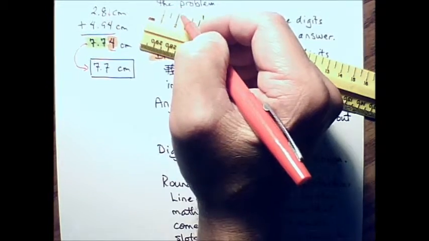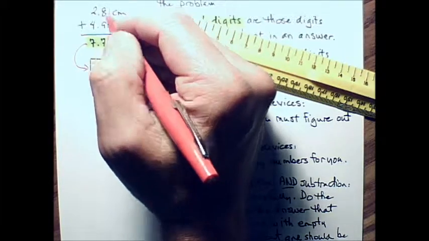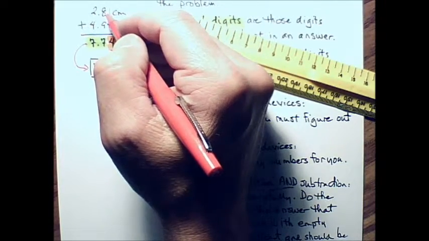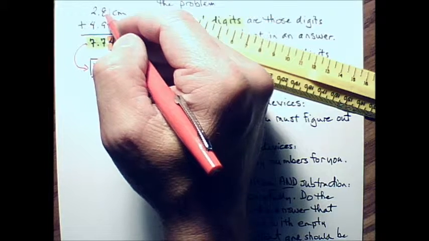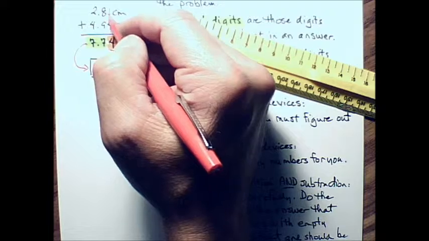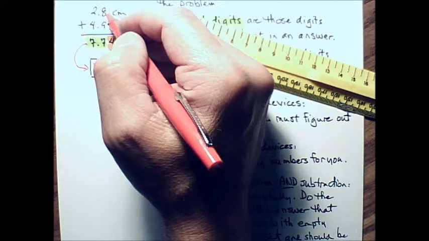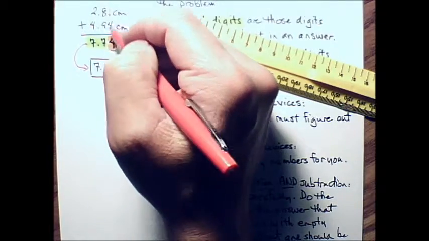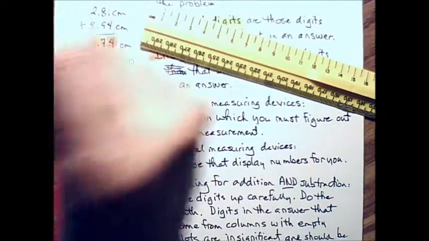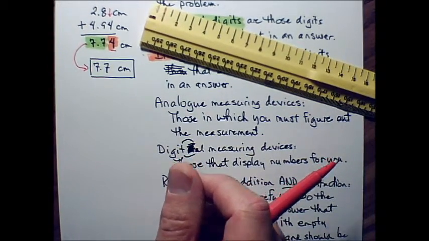Without markings in the tenths place, you cannot reasonably estimate to the hundredths place. So if you put a 0 there, you're lying and saying we did have measurement markings to the tenths place and I estimated one more digit. So you can't put a 0 there, but you can put an arrow there. You treat the arrow just like a 0 whenever you're adding and subtracting, but if you put a 0 there, you're lying about the precision, so we do not put zeros there. Does that make sense?